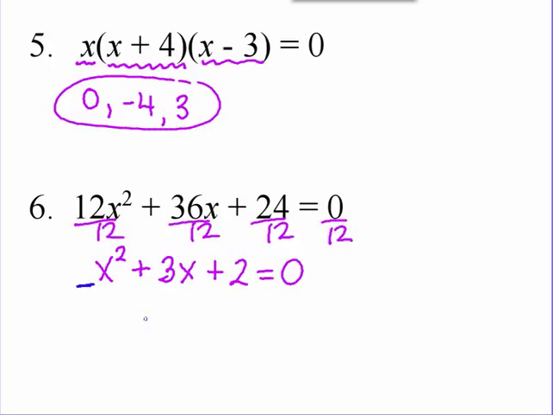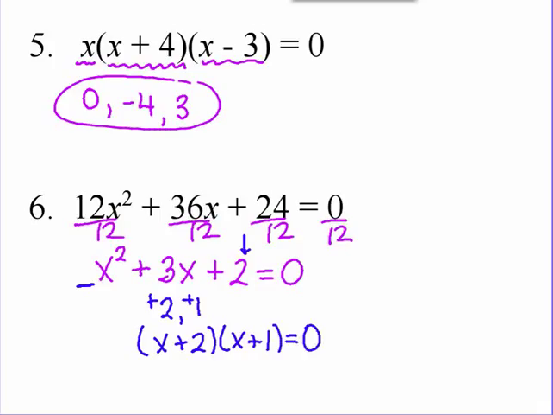So that means I can just look at the last number. The last number here is 2, so 2 factors of 2. Yep. 2 and 1, they add to 3, and you use a? Positive. Yep, positive 1, positive 2. So x plus 2 times x plus 1 equals 0. And so your 2 solutions are? Negative 2 and negative 1. Kind of starting to ring a bell now?